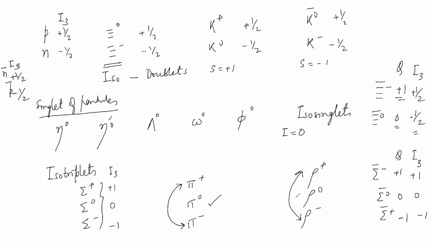While pi 0 is its own antiparticle, rho 0 is its own antiparticle. Here we define I3 as plus 1, 0 and minus 1, and here also I3 is plus 1, 0 and minus 1. Is there any question?